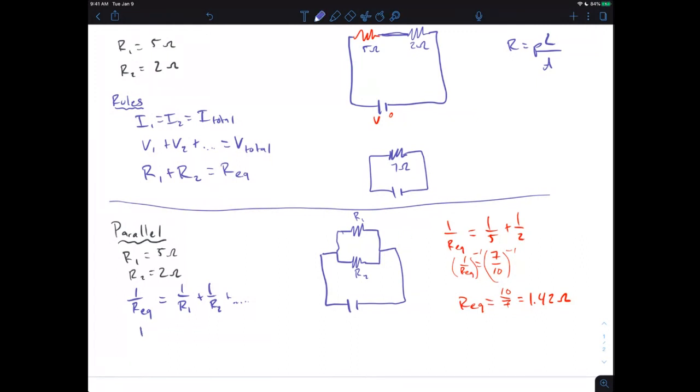So I have whatever current goes through the first one plus whatever current goes through the second one is equal to my total current. You can see this is already backwards from what we had before.